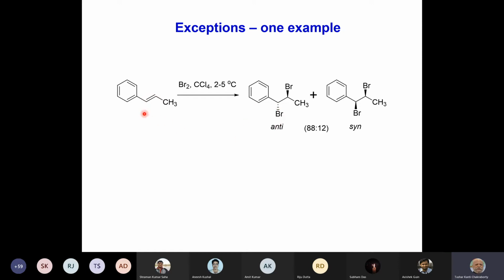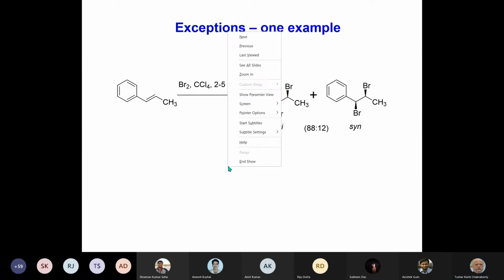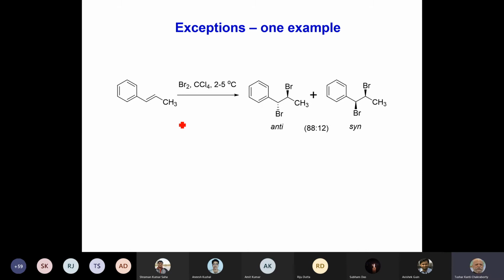I have not drawn the hydrogens, so there is a hydrogen here, and there is one hydrogen here.